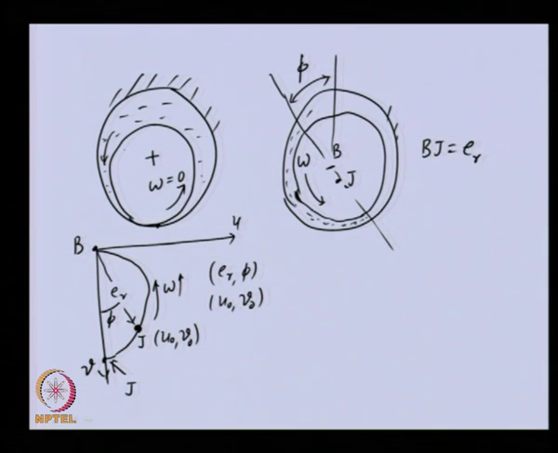Now you can see that when we change the speed, the journal changes its position, and if we talk about how the fluid film imparts stiffness and damping to the rotor, obviously we expect that when the journal position changes, it will have different stiffness and different damping properties. So, now let us analyze those here.